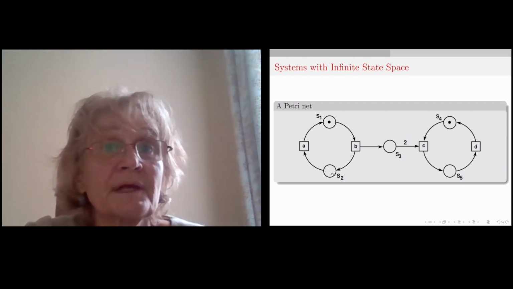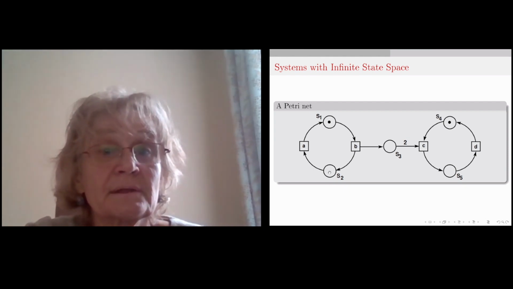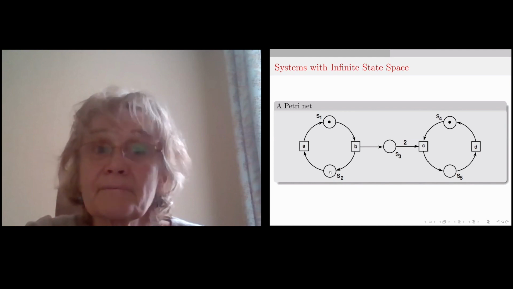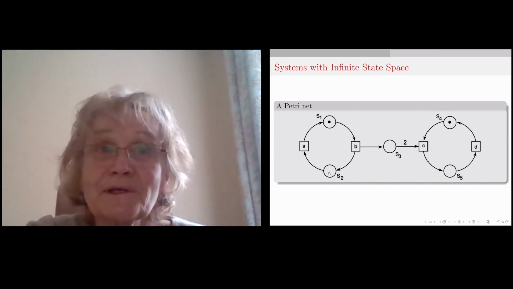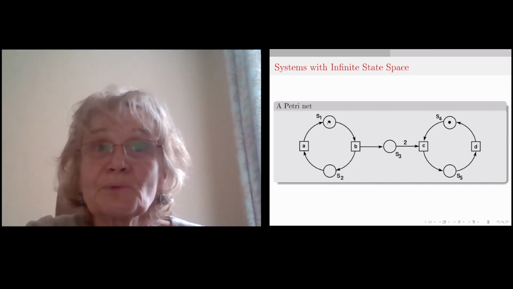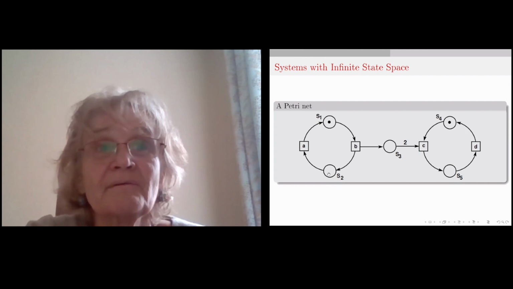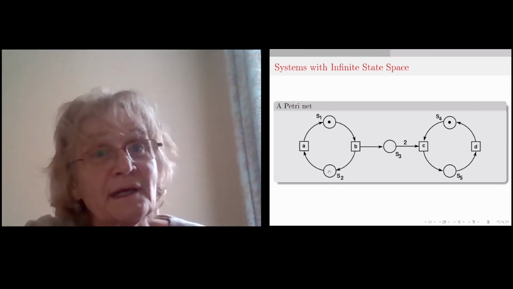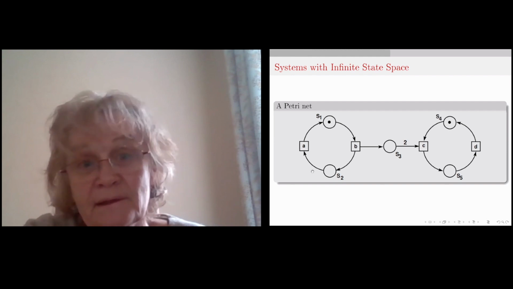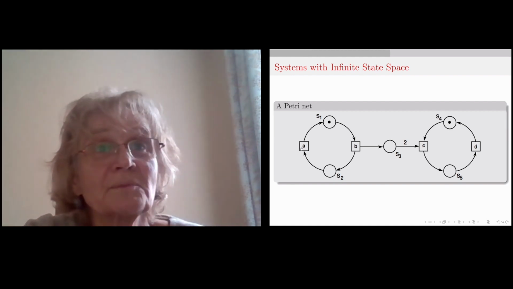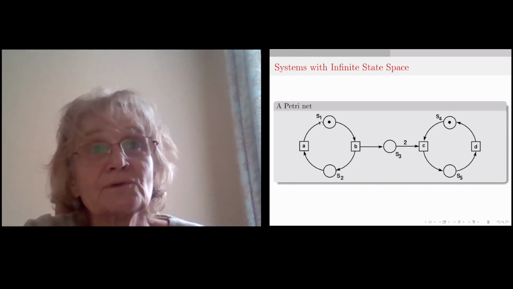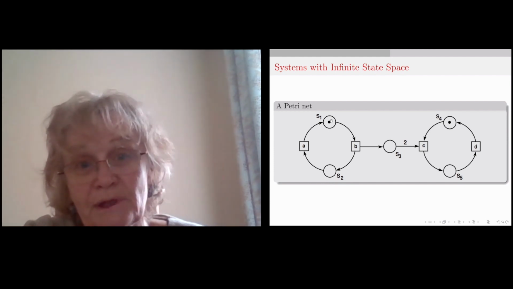We put tokens to mark which states are active. If we have a token here in S2, then like in a classical automaton, we can do A and switch to S1.